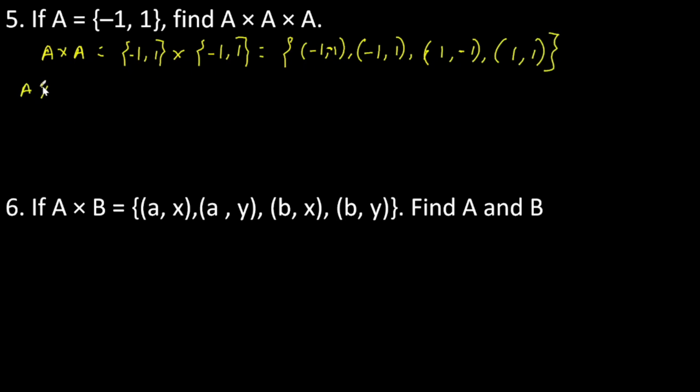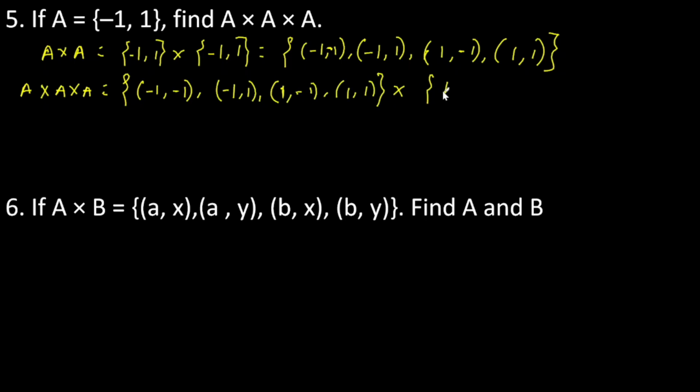Now we will find A cross A cross A. Basically we will do this set with the set itself. If I rewrite this, we get A cross A as minus 1 comma minus 1, minus 1 comma 1, 1 comma minus 1, 1 comma 1, cross minus 1 comma 1. The first element with these two elements: minus 1 comma minus 1 comma minus 1, and minus 1 comma minus 1 comma 1. Next, the second element with these two: minus 1 comma 1 comma minus 1, and minus 1 comma 1 comma 1. Next, the third element with these two: 1 comma minus 1 comma minus 1, and 1 comma minus 1 comma 1.